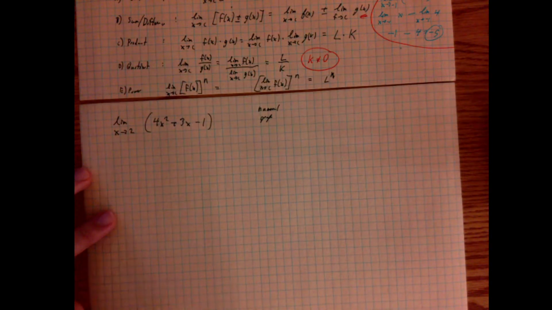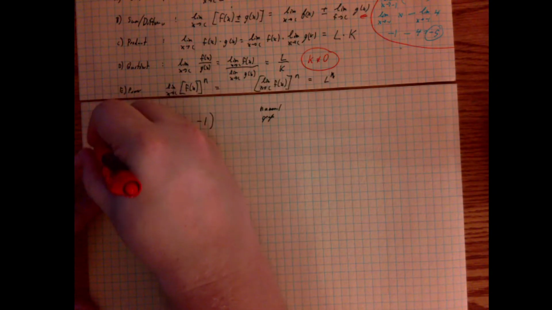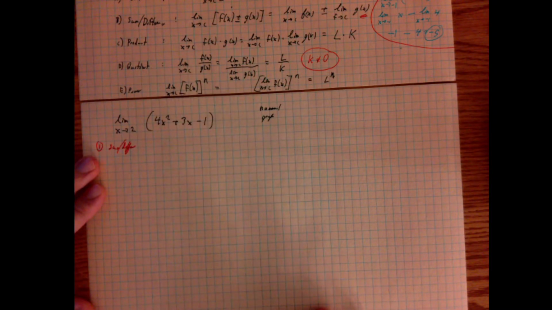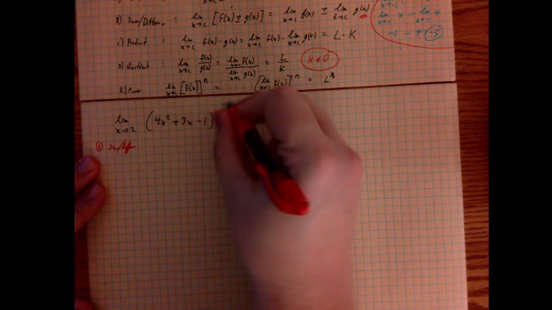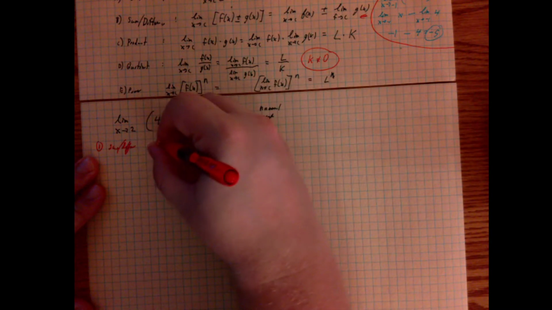Now, for these first couple, I'm going to show all of my work. After that, you should start taking some shortcuts. We can know where this is going to go very quickly. Okay? So, for this one, my first step is going to be to use the sum difference rule. What does that mean? It's going to take this big limit, which contains 3 separate terms, and break it into 3 small limits.